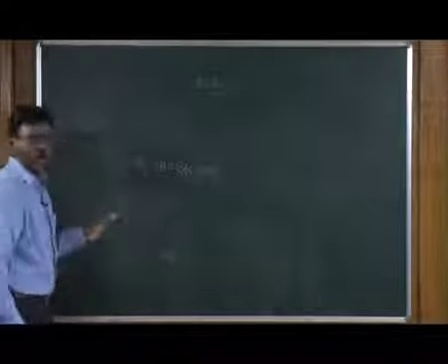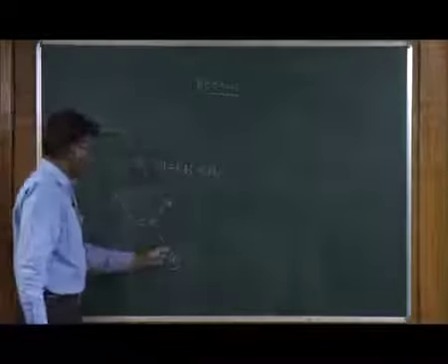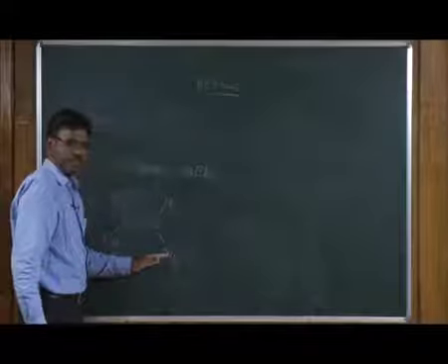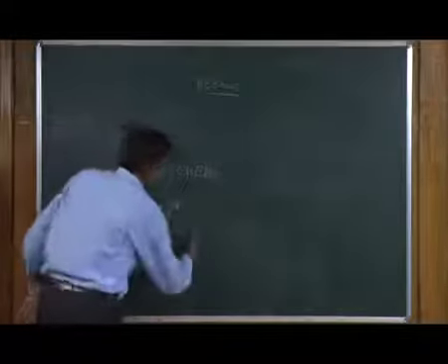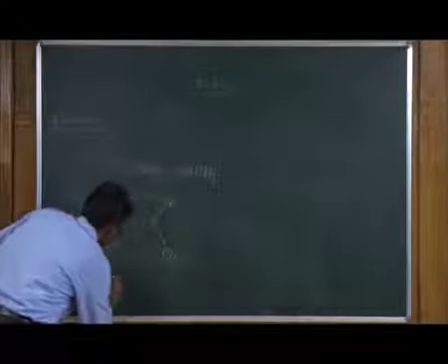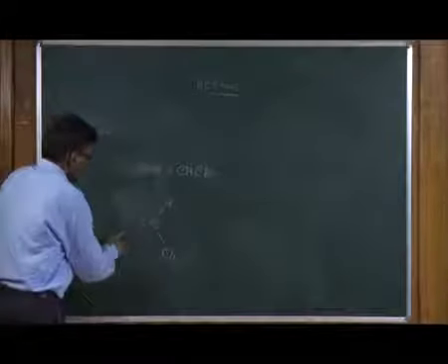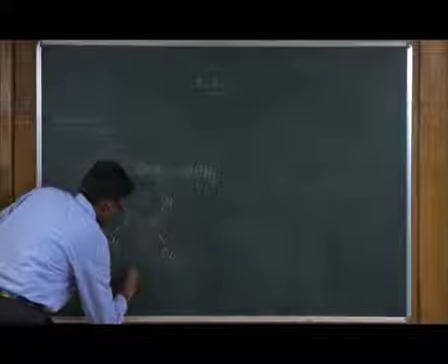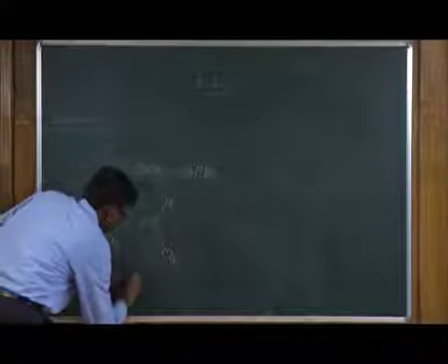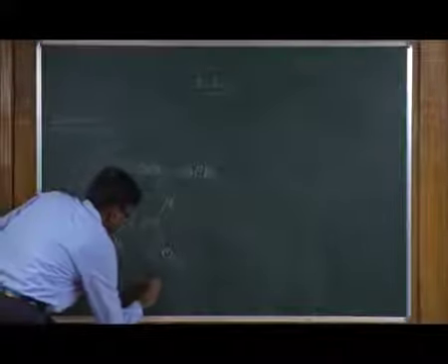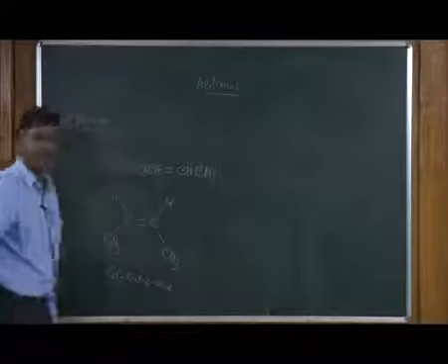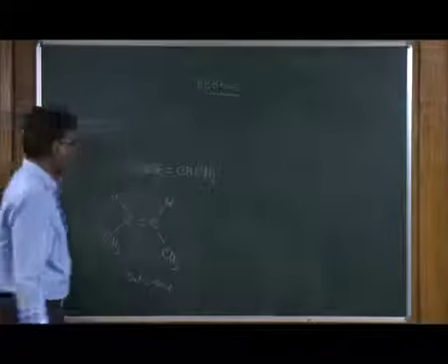In this case, both CH3 groups are on the same side, so this is called cis-butene.